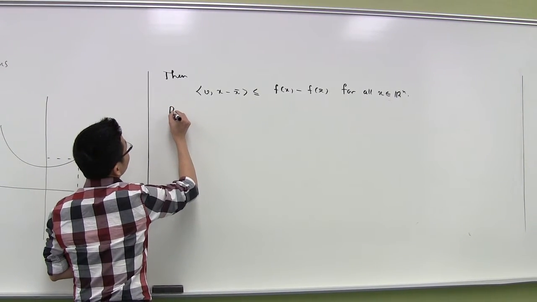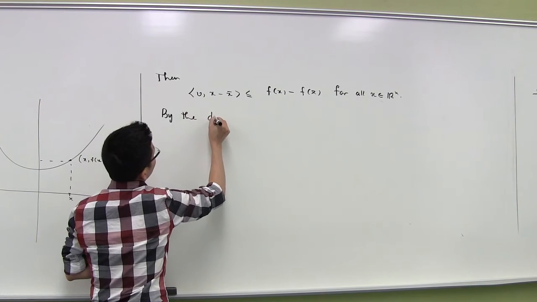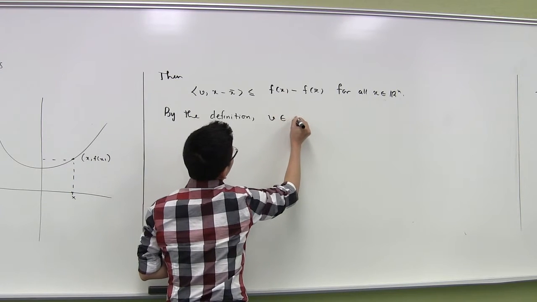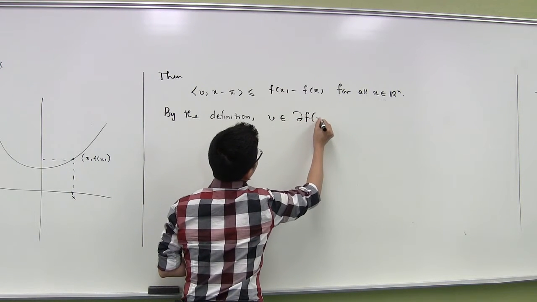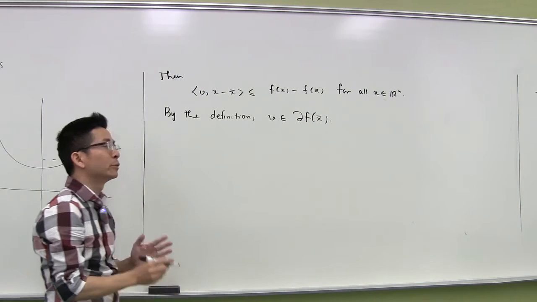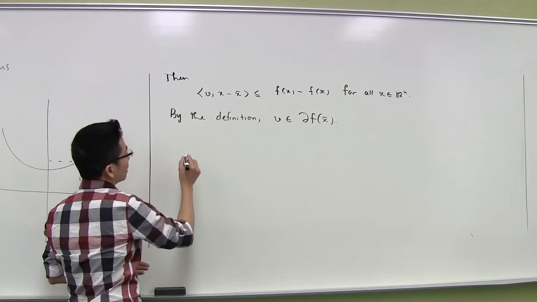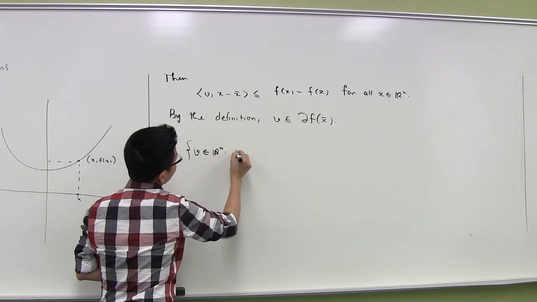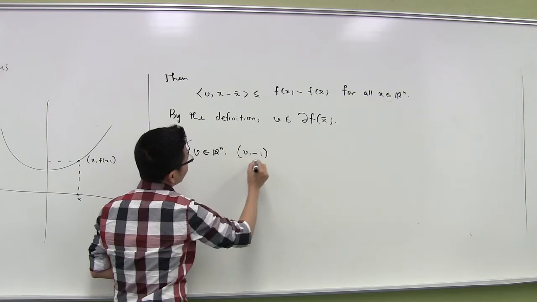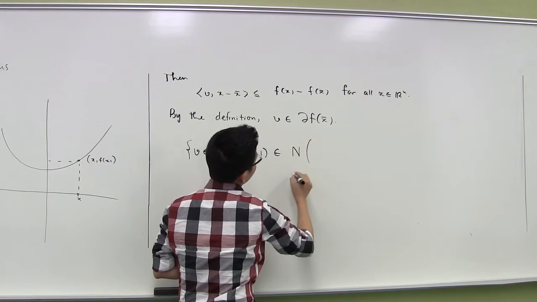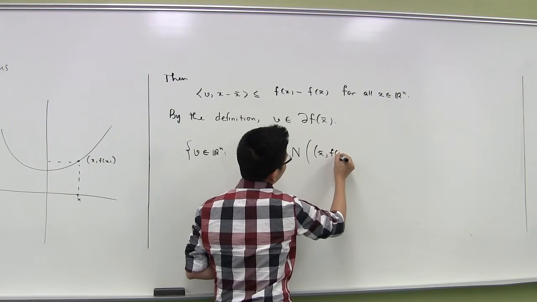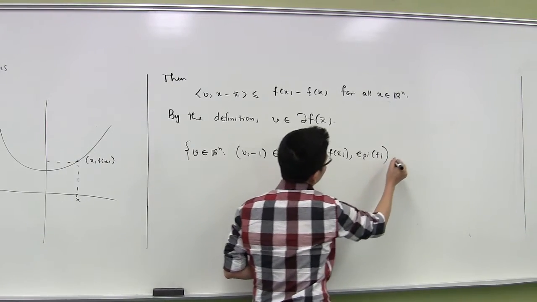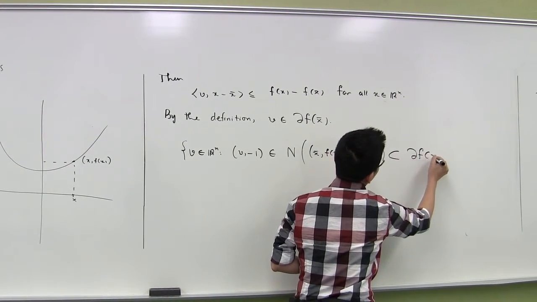By the definition, v belongs to the subdifferential of the function at x bar. So we have proved that the collection of all v in R^n such that (v, -1) belongs to the normal cone to the epigraph of the function at (x bar, f(x bar)) is a subset of the subdifferential of the function at x bar.